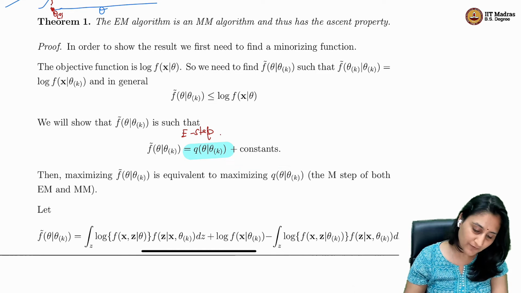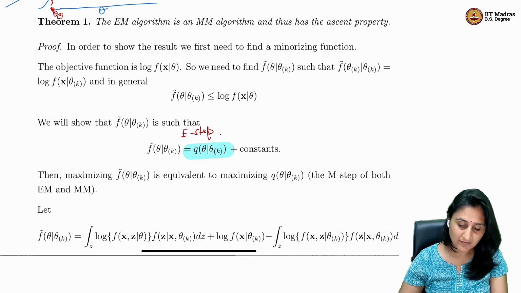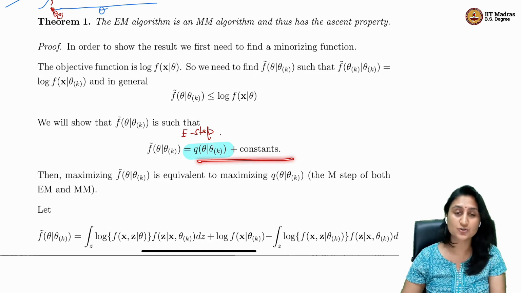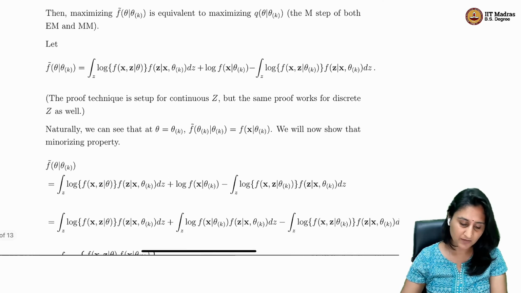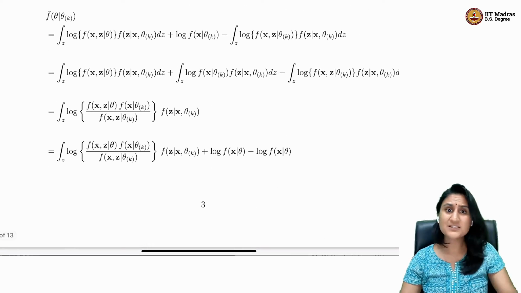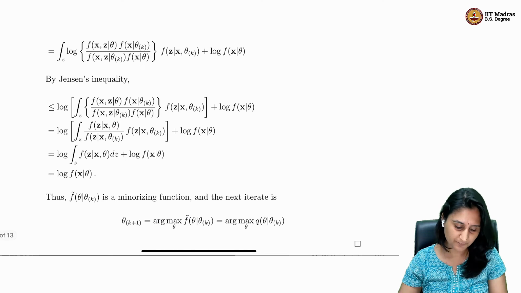The first half of the proof tries to show that there is an f tilde that I can construct by just adding some constants to q, which shows that f tilde is a minorizing function. That's what this whole part of the proof relies on. I'm skipping these details. If you're curious, please feel free to read them. They're more or less self-explanatory, this proof.